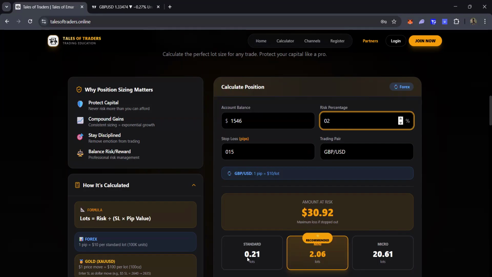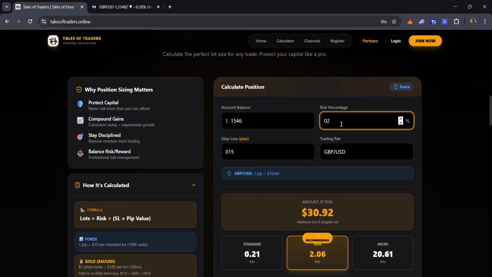And as well, you can use a standard lot, and most times it's recommended that you go with this. Now, calculations change with time, so you should be aware: if you're risking 10% of $1,500, it means you're risking $150 per trade. That is 10%.